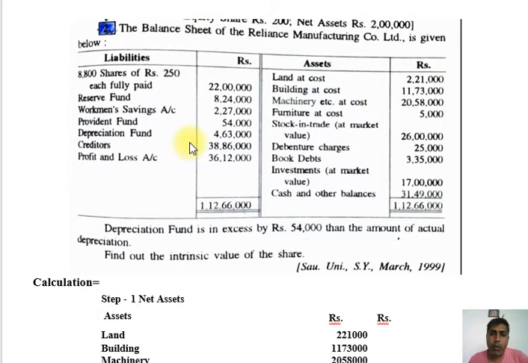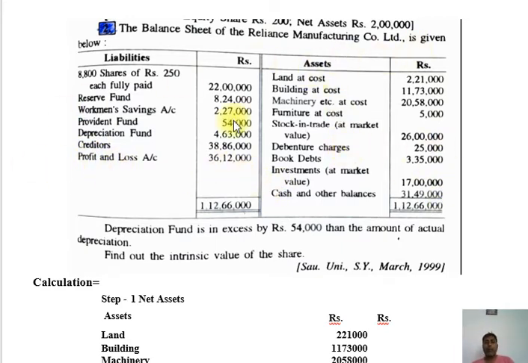Okay. Now friends, we are going to example number 2. The balance sheet of Reliance Manufacturing Company Limited is given below. You can see here the balance sheet. 8,800 shares of rupees 250 each, fully paid, 22 lakhs; reserve fund 8 lakh 24,000; workmen savings account 2 lakh 27,000; provident fund 54,000; depreciation fund 4 lakh 63,000; creditors 38 lakhs 86,000; profit and loss account 36 lakhs 12,000.